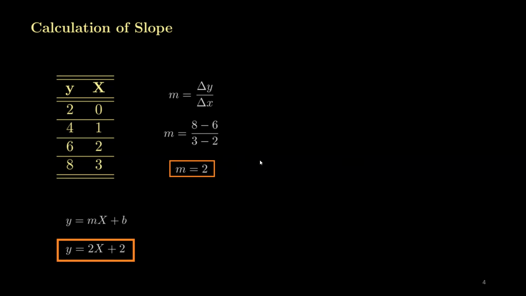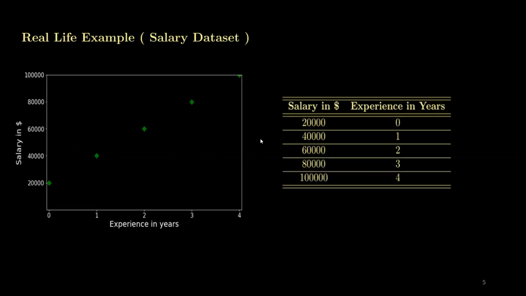Let's transform this knowledge of slope-intercept form of line into some real data set. So again, here I am taking a real data set, which is very small. It has only 5 samples, 1, 2, 3, 4, and 5. It has two variables again: one variable is experience in years, the other variable is salary in dollars.